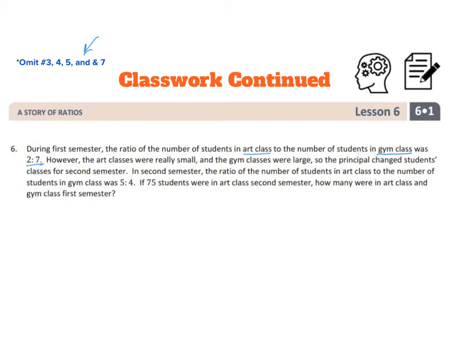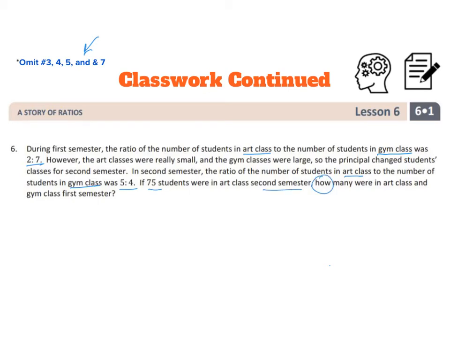So the principal changed students' classes for second semester. In second semester, the ratio of the number of students in art class to the number of students in gym class changed. It was 5 to 4. So if 75 students were in art class second, okay, that's info 2. How many were in art class?